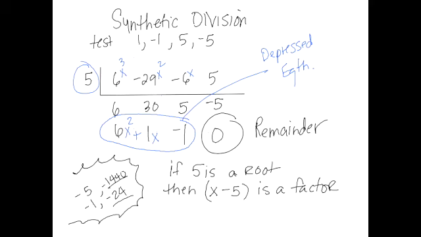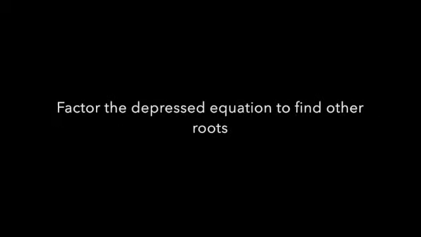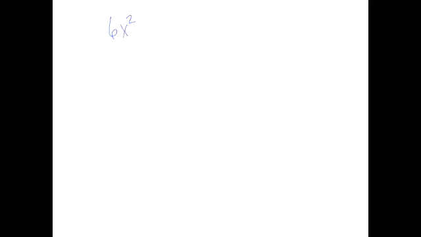Okay. Now we could, if we wanted to, and it might be easy to do, I don't know, but we could take this depressed equation and try to factor it. So 6x squared minus 1x minus 1, was that what it was?